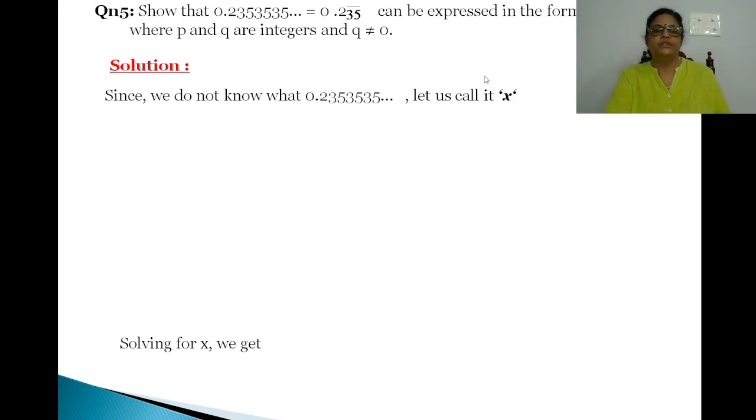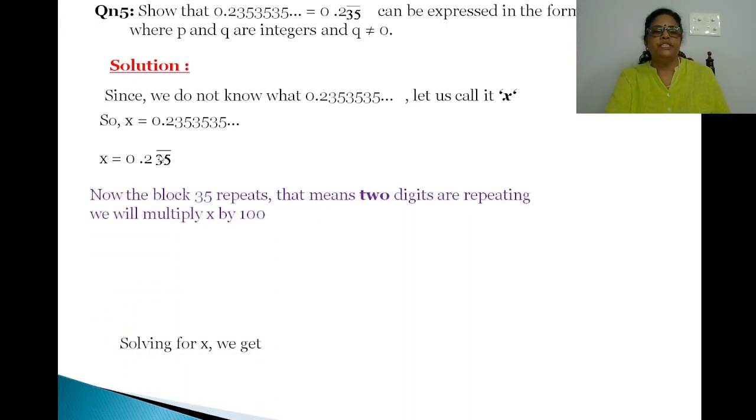So x is equal to 0.2353535 etc., that means 0.235 bar. How many digits are repeating here? Two digits are repeating, since the block 35 repeats.